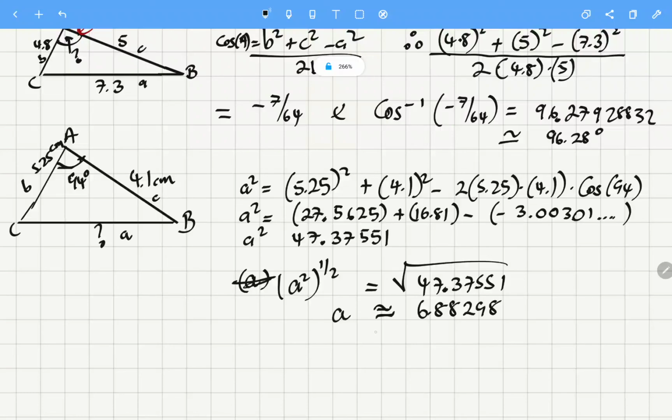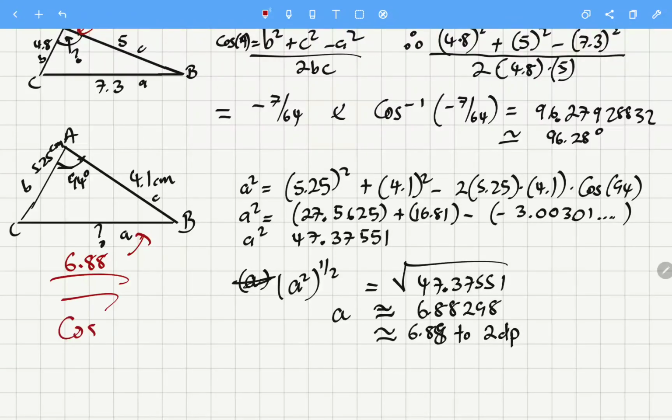We can simplify it further: 6.89, no sorry, 6.88 to 2 decimal places. So that's the length of A, 6.88. That's using the cosine rule.